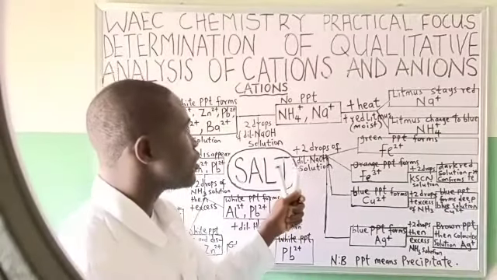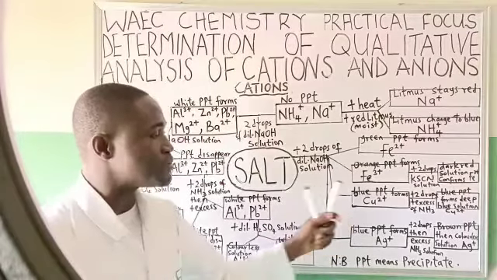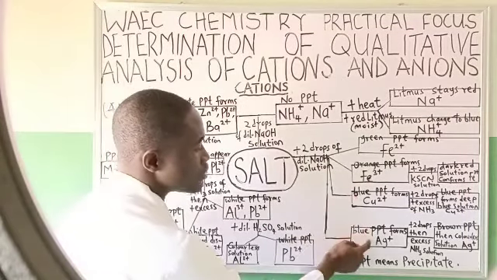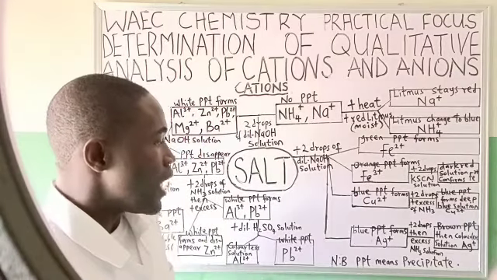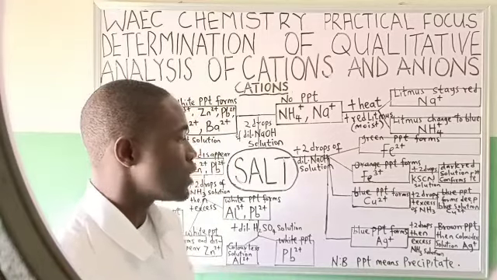Then with 2 drops of dilute NaOH solution, if it gives you a blue precipitate, suspect copper or silver. How do you differentiate it? Add 2 drops of ammonia.